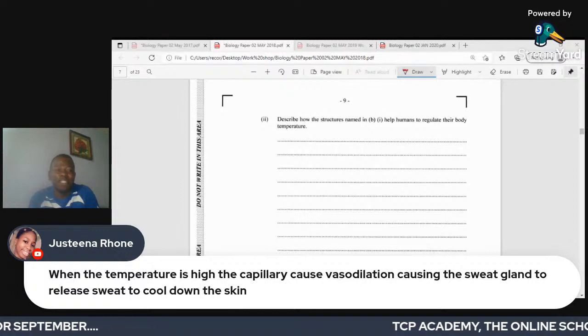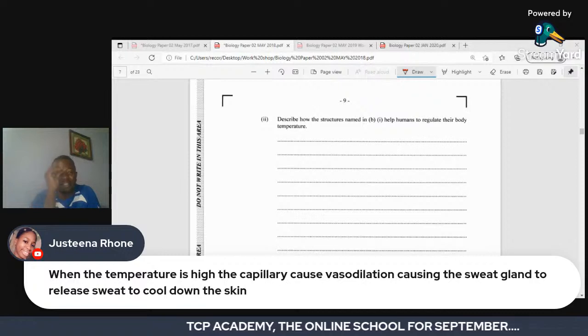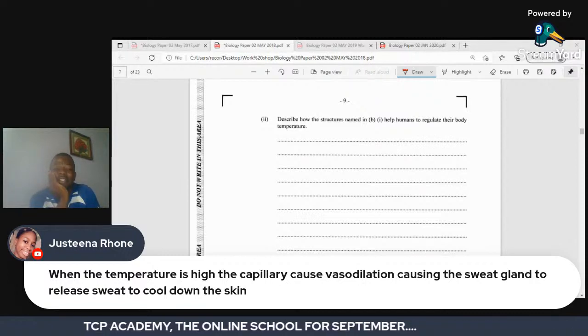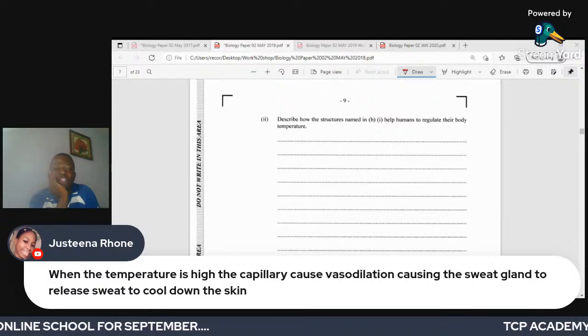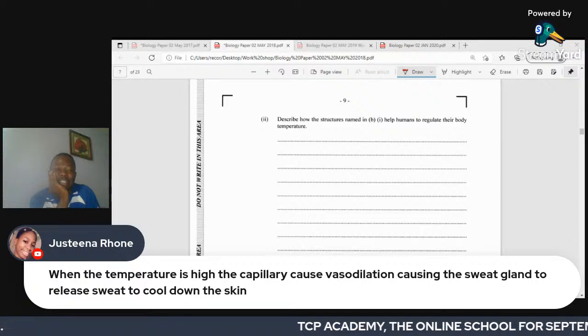Now, when the temperature is high, the capillary causes vasodilation, causing the sweat gland to release sweat to cool down the skin.